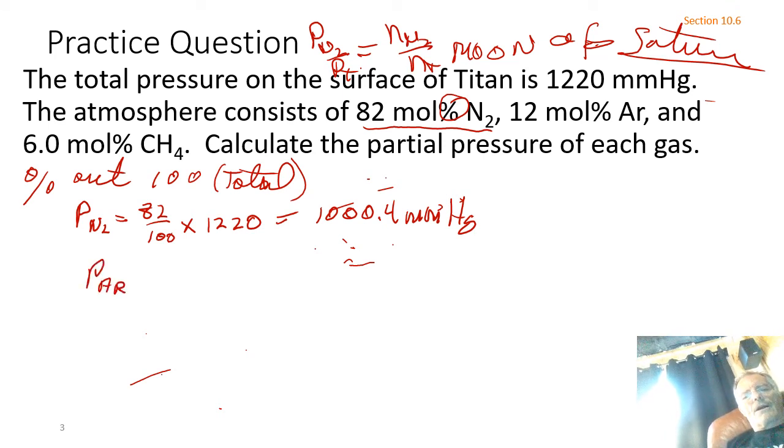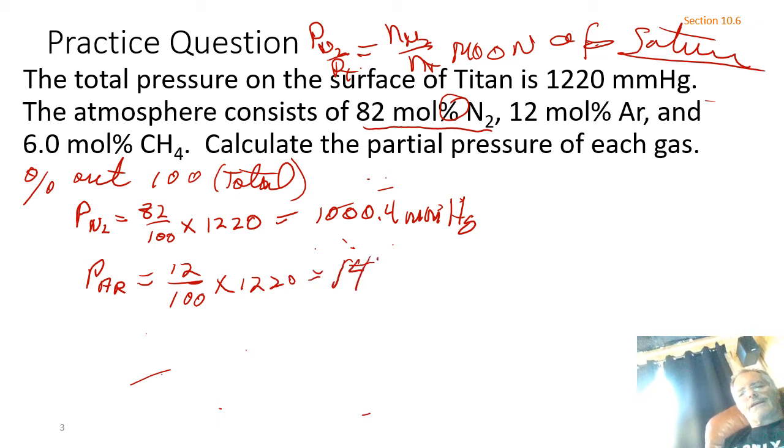Partial pressure of argon is equal to 12 moles of argon out of every 100 moles times 1,220, which is going to give us 146.4 millimeters of mercury, I believe.